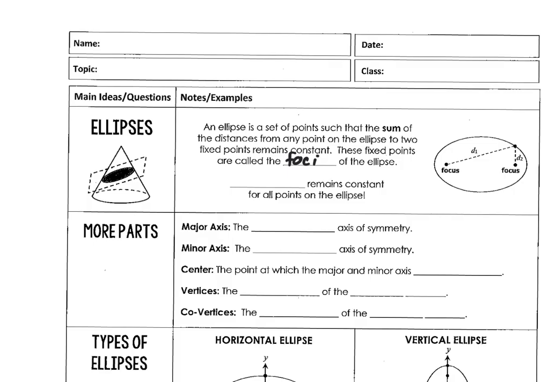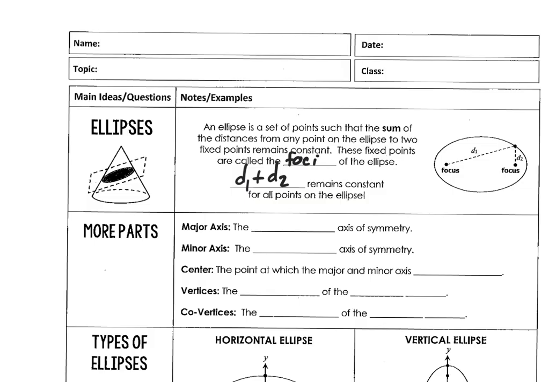If I add the two distances together, so if I pick any point on this ellipse, like this point right here, and add the distance from this focus to here and the distance from the other focus to here, it would be the same no matter what point I picked.